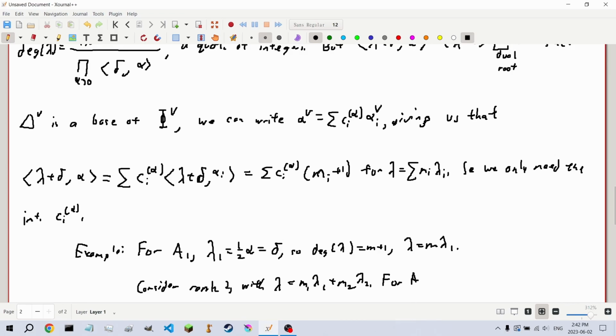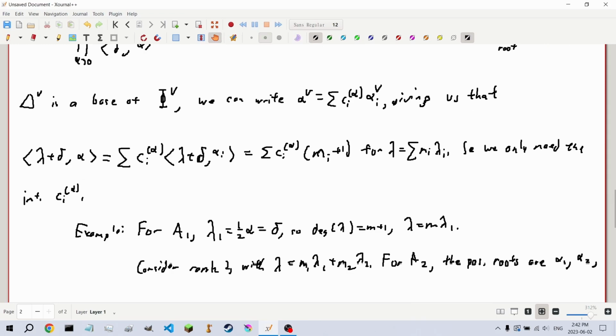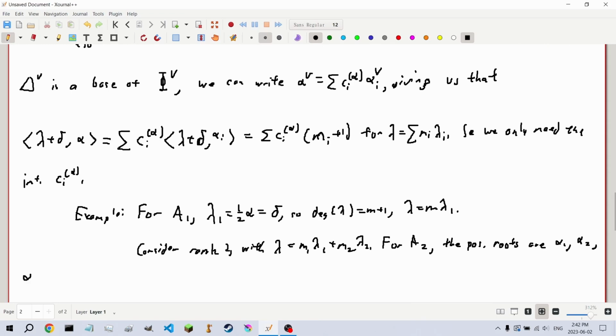For A2, the positive roots are alpha 1, alpha 2, and of course their sum.